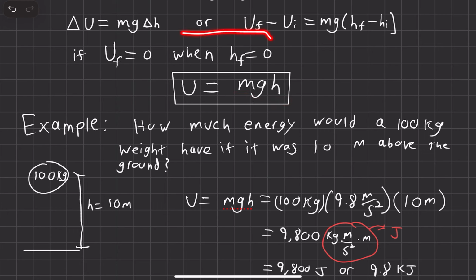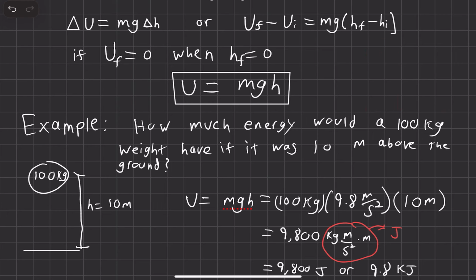Now, this assumption right here, that the final gravitational potential energy is equal to 0 when the final height is equal to 0, is what makes the most sense most times, because what we're talking about is an object being dropped and hitting the ground. And we're saying the ground is at height 0.